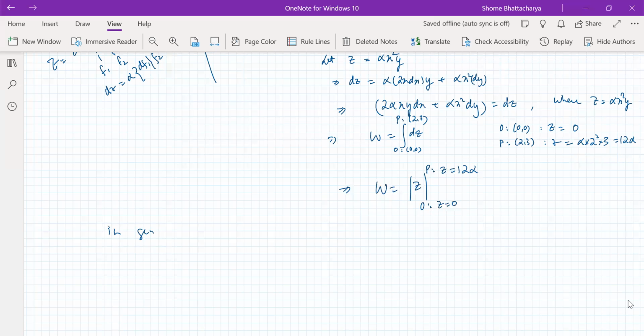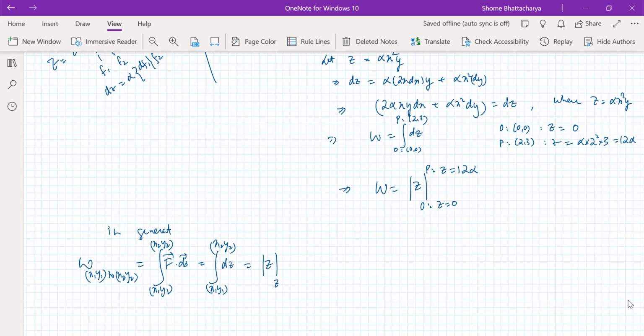Or in general also, the work done from any point x1, y1 to x2, y2 will become the general work done.